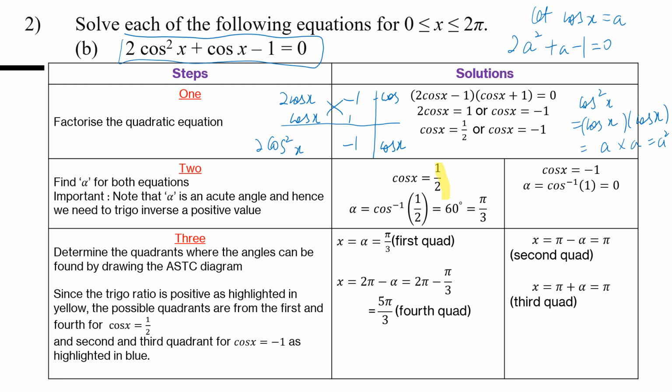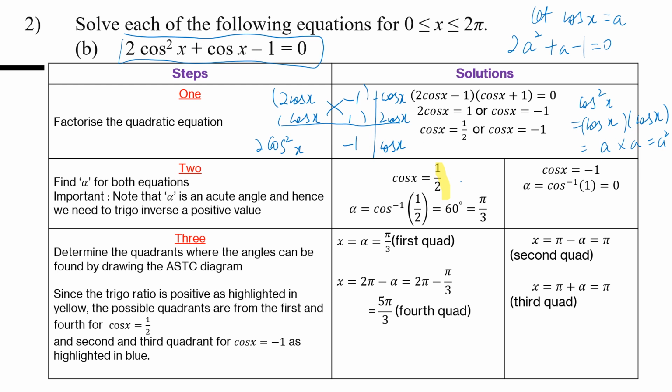That will give you negative cosine x and then 2 cosine x. So this will be one factor, and this is the second factor. That's what I have there on the screen. You can apply the zero product rule. That will give you cosine x equals to half or cosine x equals to negative 1. So we have to solve 2 equations.